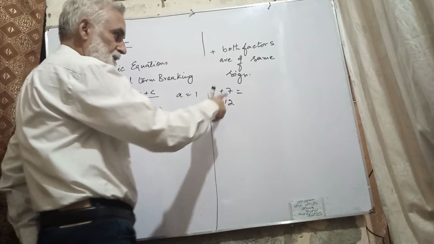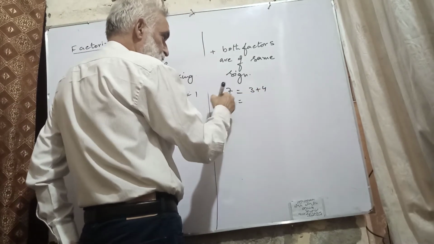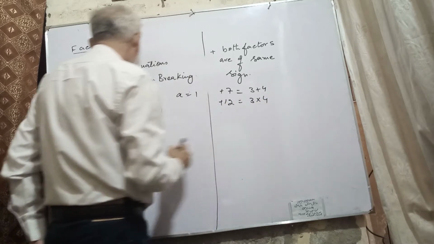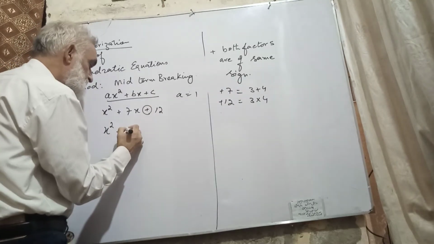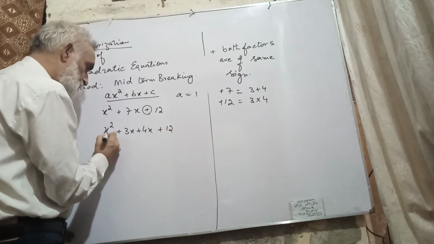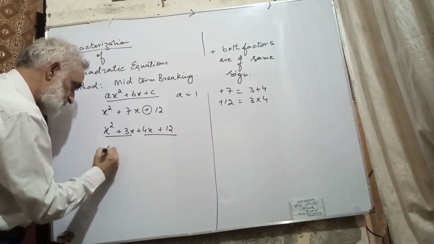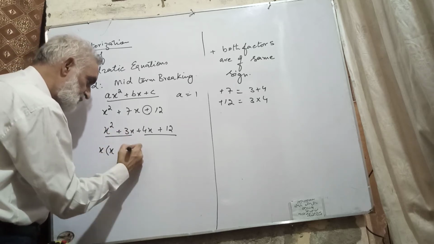So you know that the two numbers are 3 and 4. When we add them, we get 7, and when we multiply them, we get 12. So it's x squared plus 3x plus 4x plus 12, right? From the first two terms, x is taken as common. We are left with x plus 3.